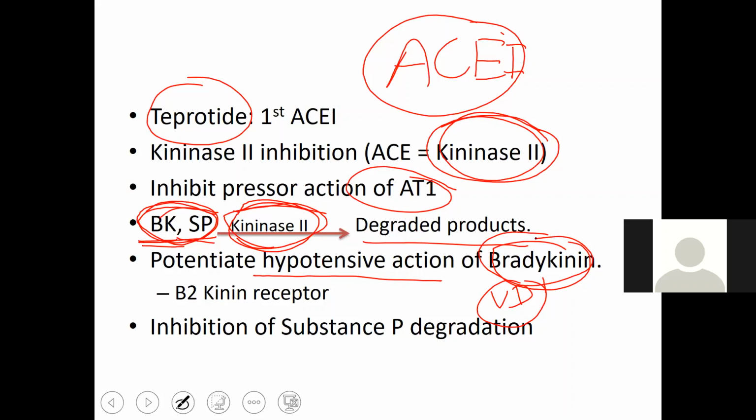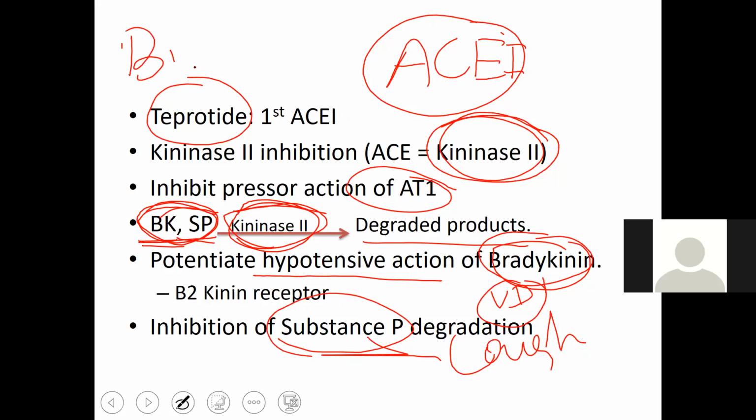So there will be more vasodilatation and more decrease in blood pressure. At the same time, because substance P is accumulating in the body, it leads to one side effect, that is cough, a typical brassy cough. Brassy cough happens because of substance P accumulation.